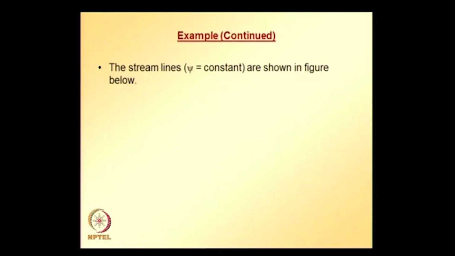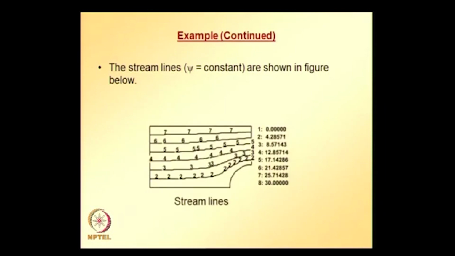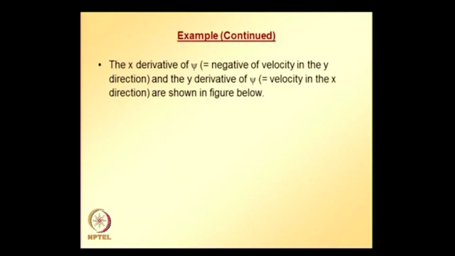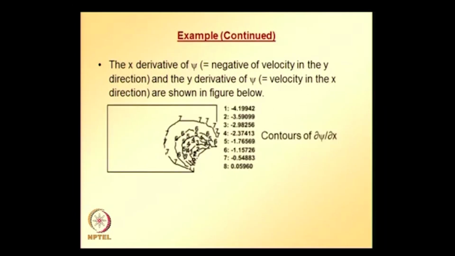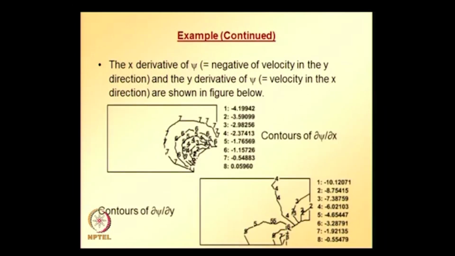Streamlines, psi equal to constant, those lines are these, and the derivatives of the stream function, psi with respect to x and with respect to y. So, we solve this problem using 24 elements and 96 elements.